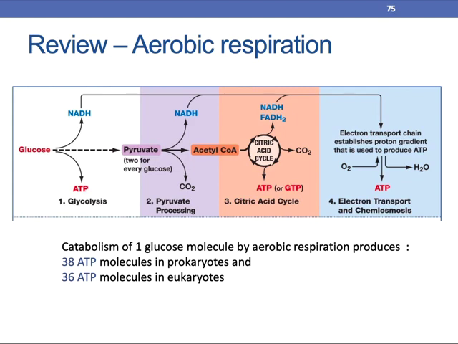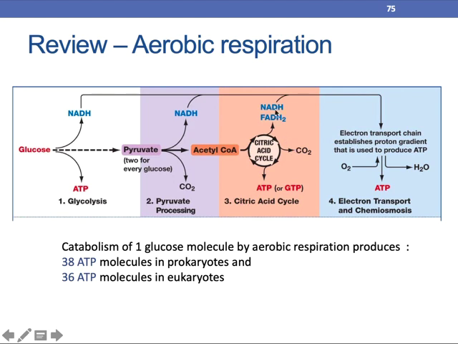So by review, you have glucose. It's converted to pyruvate, 2 for every glucose molecule. So that's the process of glycolysis. You have ATP and NADH produced. And then you have the pyruvate that will then be processed into a less toxic form. In the process, you have NADH and carbon dioxide released. So you have acetyl-CoA. It will then go into the Krebs cycle.